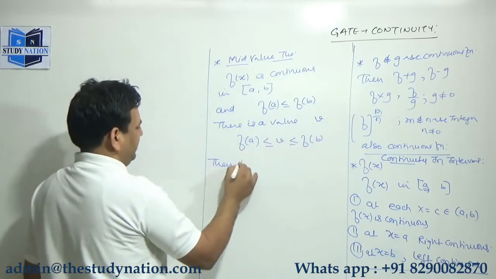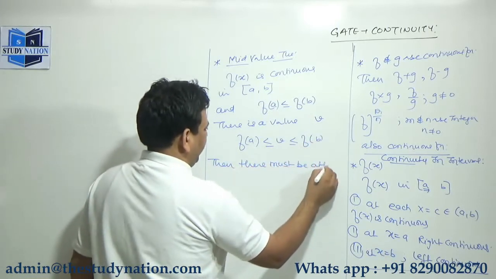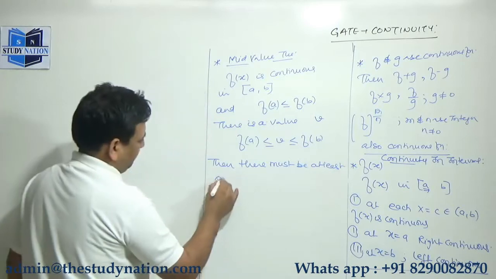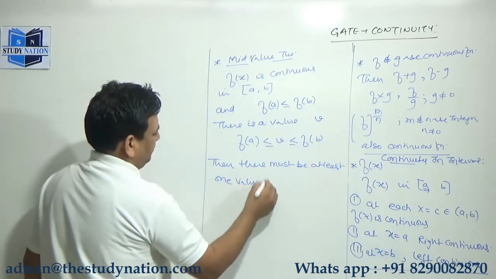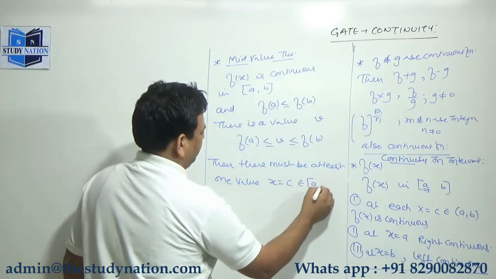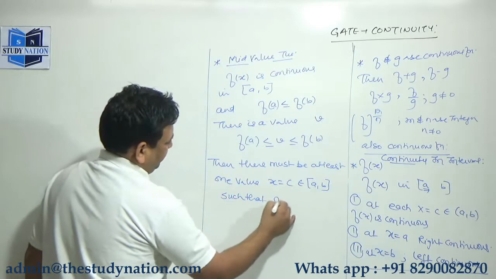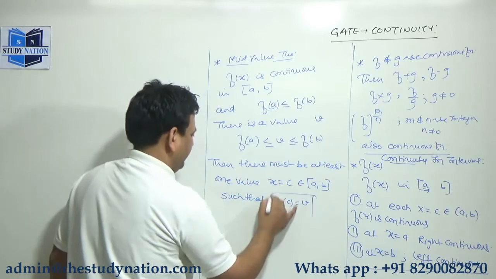Then there must be at least one value x equal to c such that f(c) is equal to v.